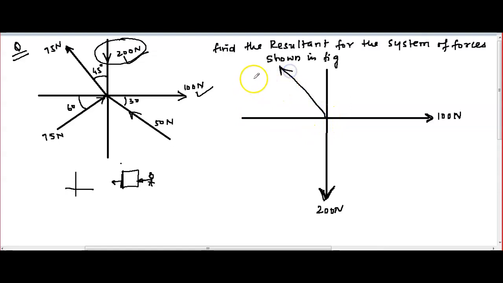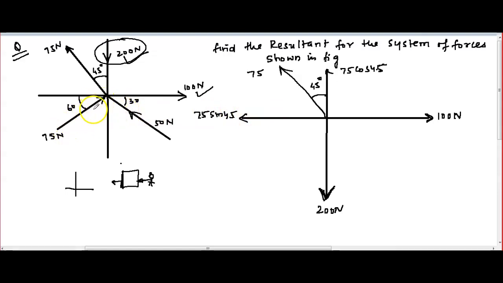Just write it here. This is 75 and the angle is 45, right? So I can write this one as, tell me how much? 75 cos 45 and 75 sin 45. Any doubt till here? Now the issue is that these two forces are coming inside.